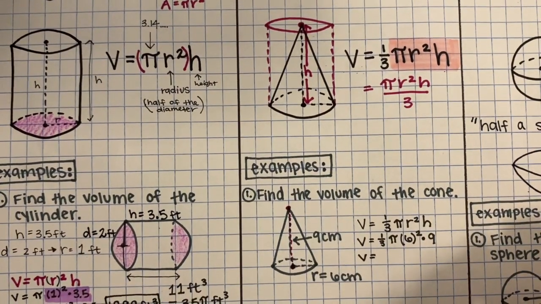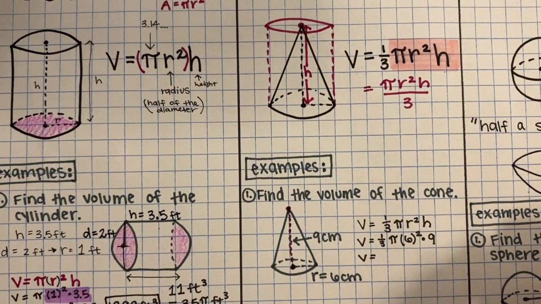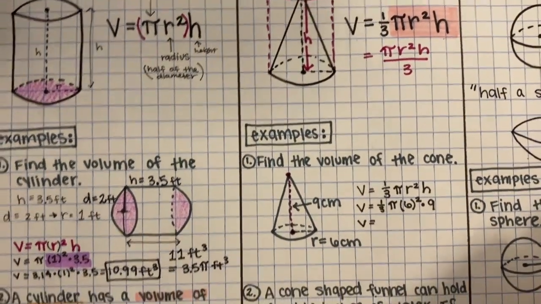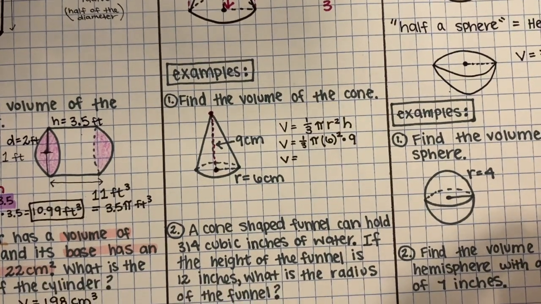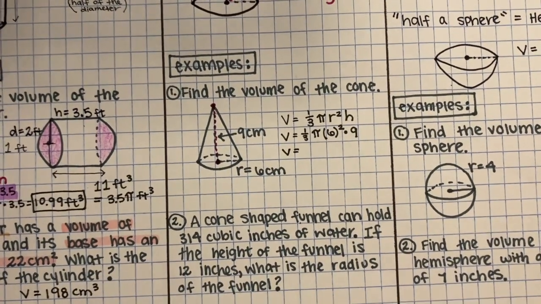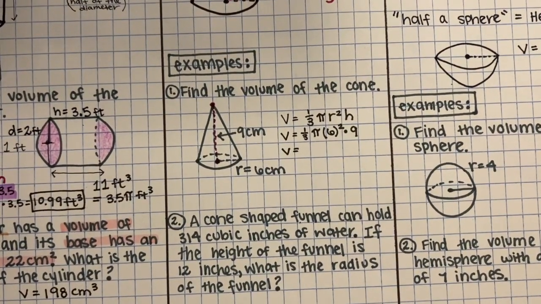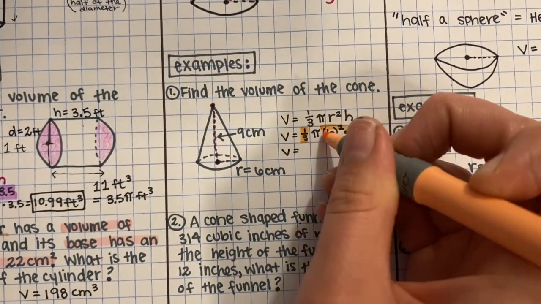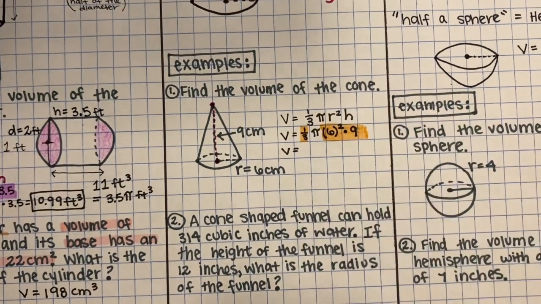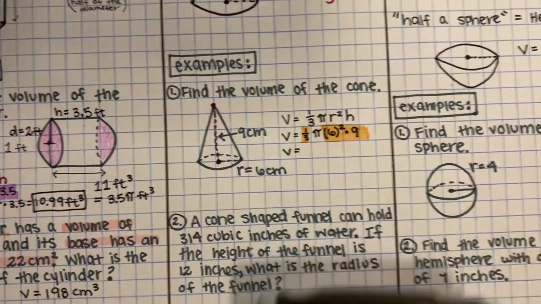I'm going to put this in terms of pi first, just to relate back to that cylinder problem we did. So if I'm putting it in terms of pi, then I'm only going to plug into my calculator that 1/3 and this 6 squared times 9.